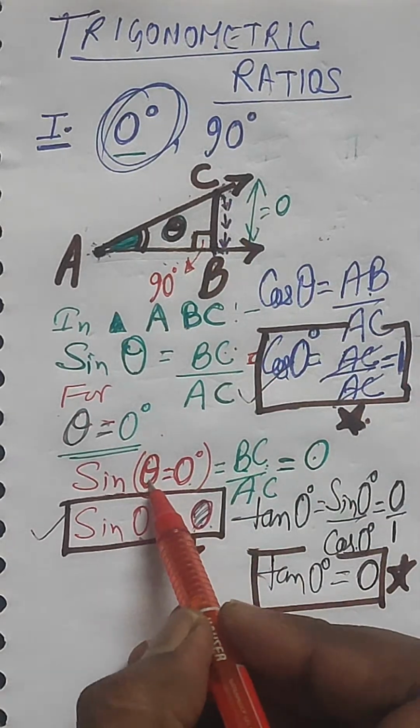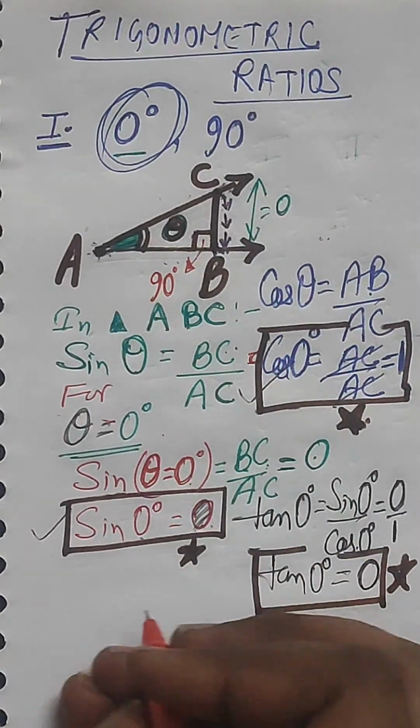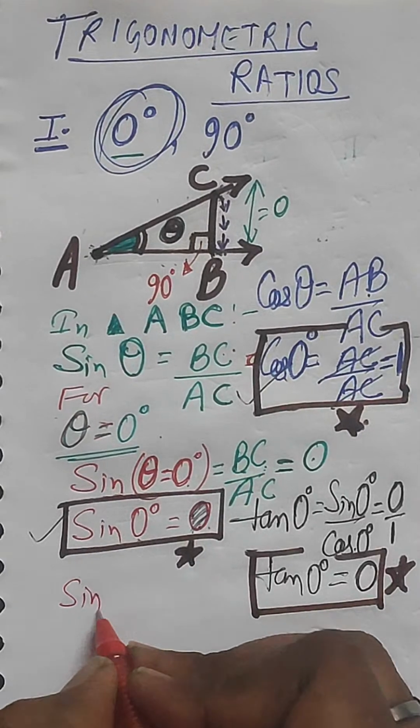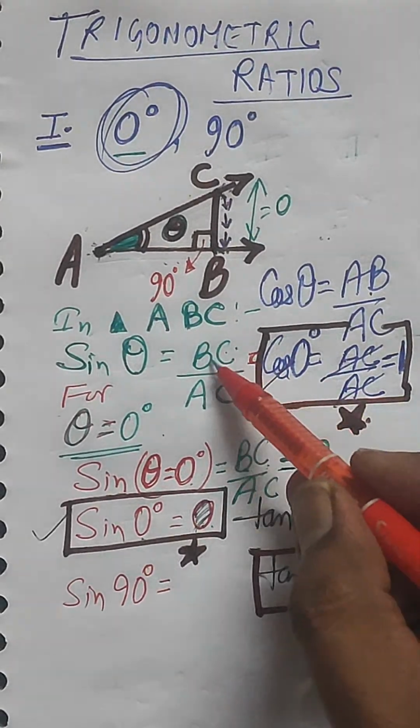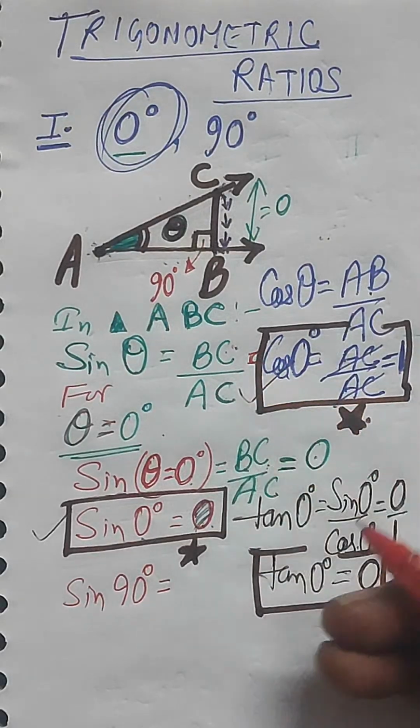When this theta is equal to 90 degree, then sine 90 degree will be this ratio BC by AC.